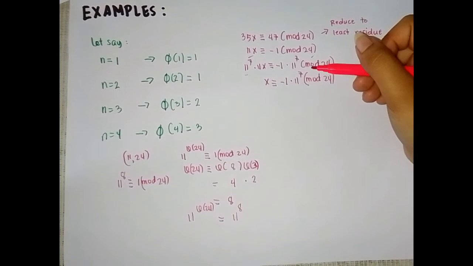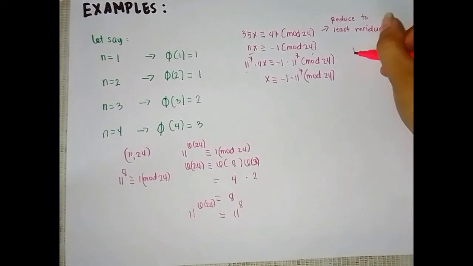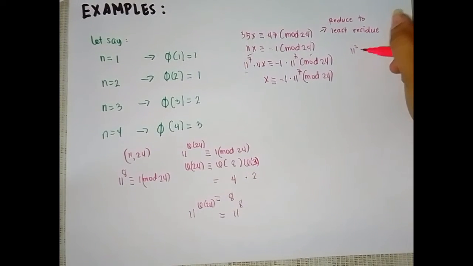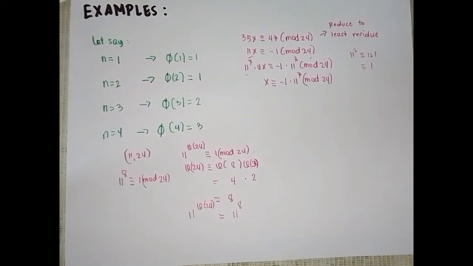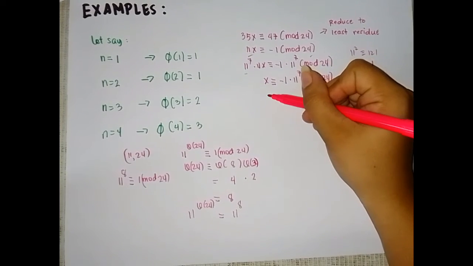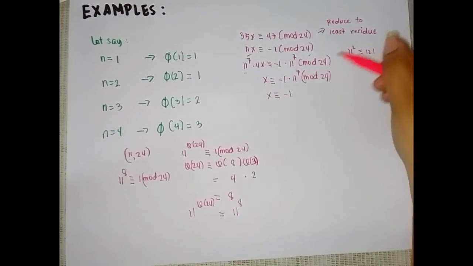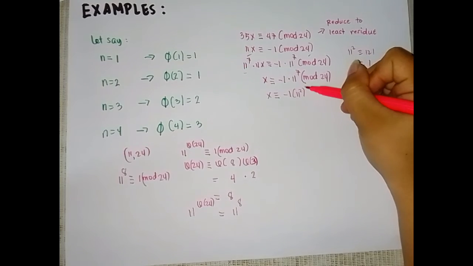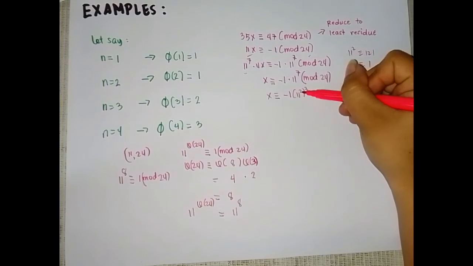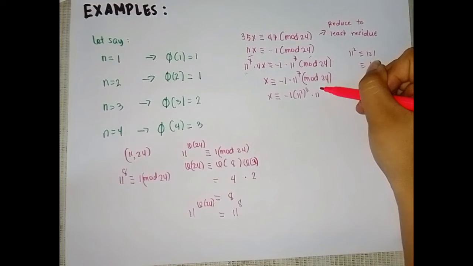And after that, we'll find a power equivalent to 1. So 11 to the power of 2 is 121, that is equivalent to 1. We have x equivalent to negative 1, then substitute 11 to the power of 2. We have 11 to the power of 2 times 3, since 2 times 3 is 6, times 11 to the power of 1.